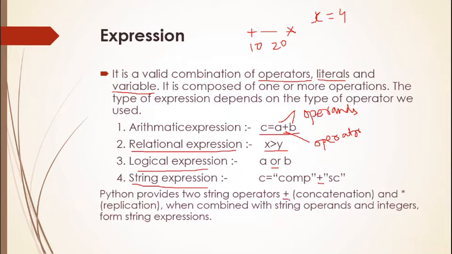Those are the plus operator, known as the concatenation operator, and one more, the asterisk, known as the replication operator. We will learn later what happens when we use these operators. Now it will form a string expression. Now come to the next page.